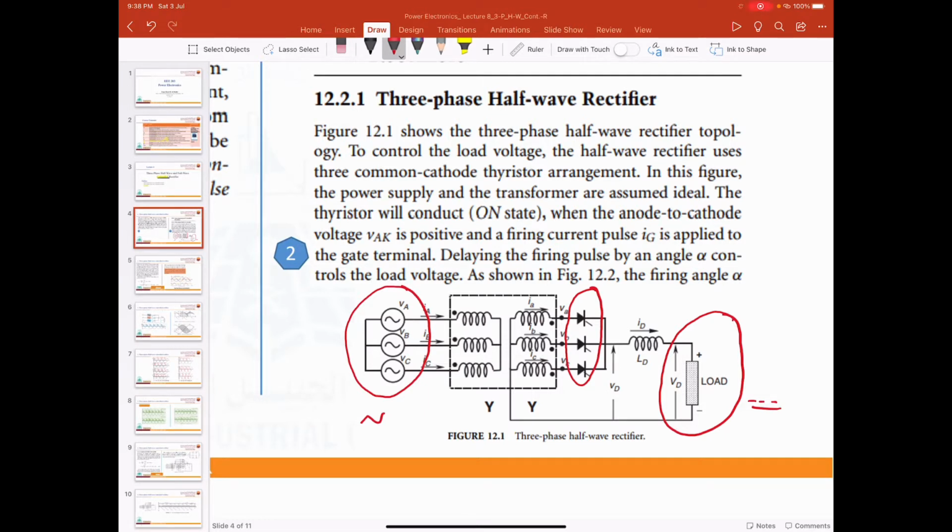Now forget about this part here, shabab, because this one is a star-delta transformer. This is not required for you in this course, but make sure that you understand that we have a three-phase AC supply. We need to convert it into DC supply using a half-wave controlled rectifier.